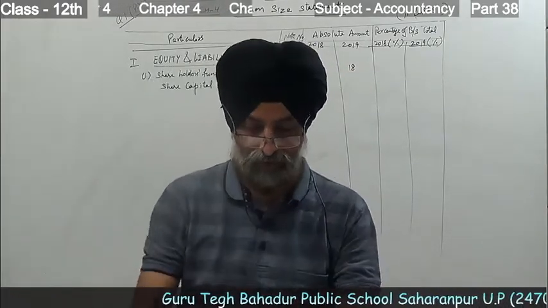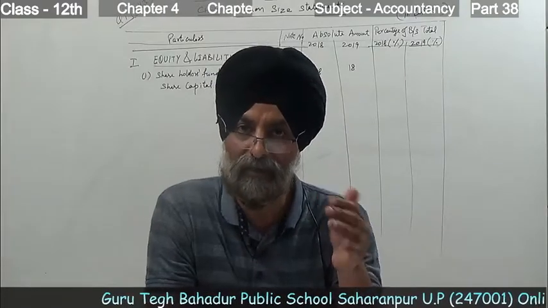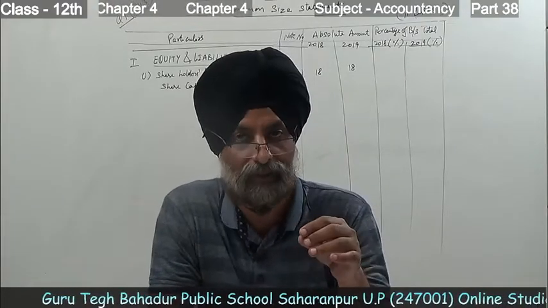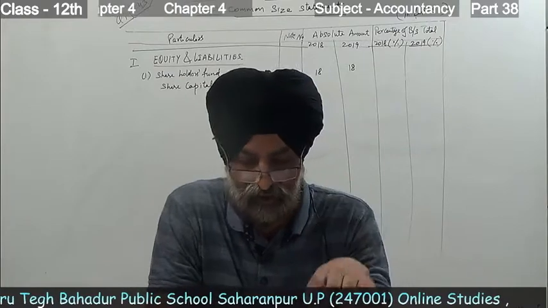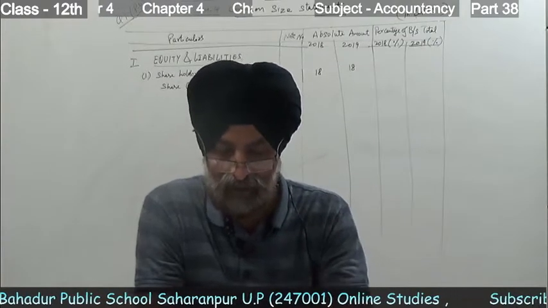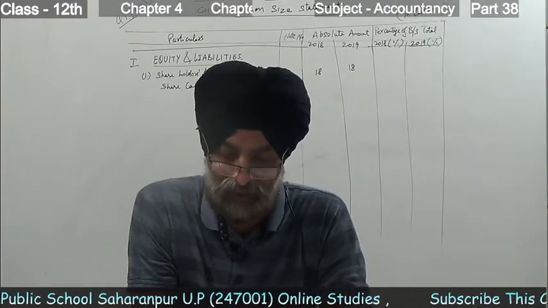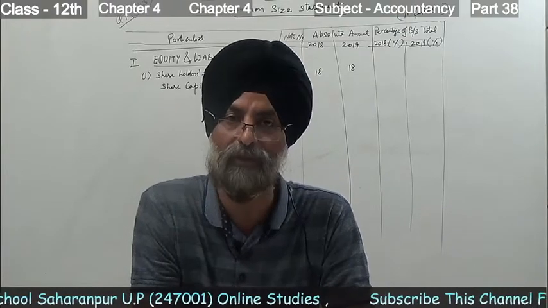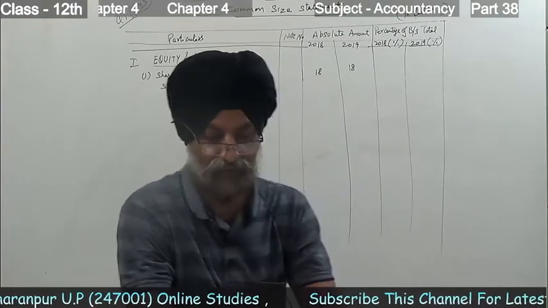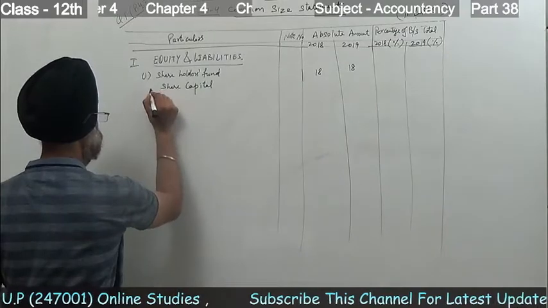Now see after it the next subhead of shareholder fund, that is reserves and surplus. Now see about the reserve and surplus. It is 4 lakh in 2018 and 5 lakh 40,000 in 2019.